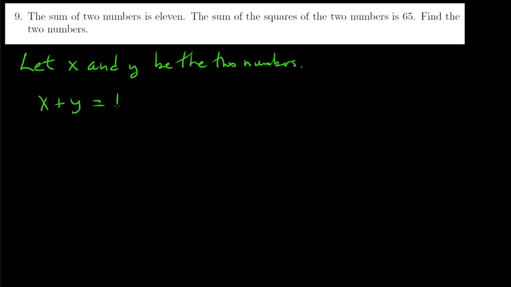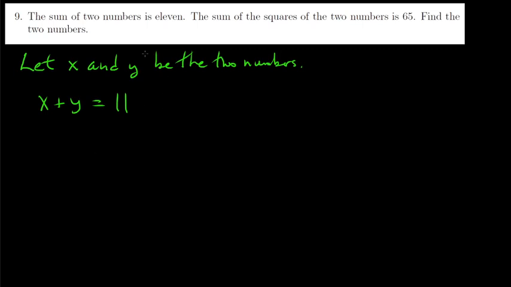All right. Now moving on to number 9, we have the sum of two numbers is 11. Well, okay, so we're looking for the two numbers, right? Let x and y be the two numbers. But the sum is 11.